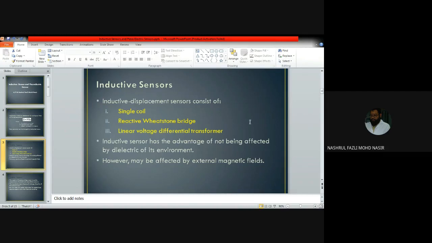That's why one of the most popular applications is to sense the inductance of a car, because it can sense the changes in the inductance. It is usually used at the intersection of the roads.